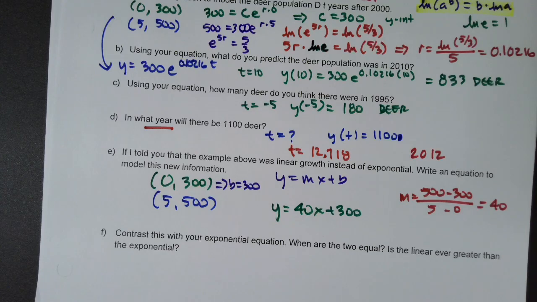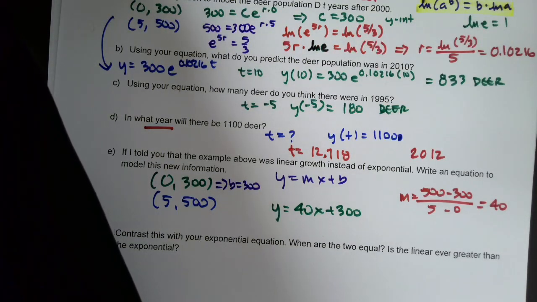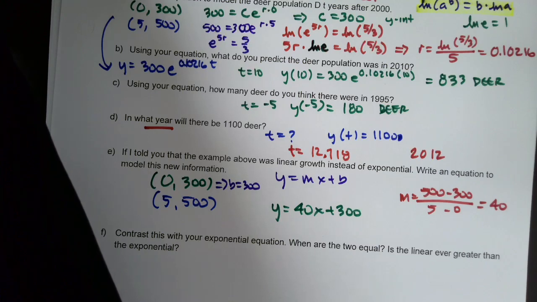Okay. Hopefully you can see that the exponential growth really crushes it here, but in this time frame here, they're pretty close to each other. Okay? If you're looking at only this data, you might assume that the growth rate is linear. But over time, the exponential is going to overtake it.